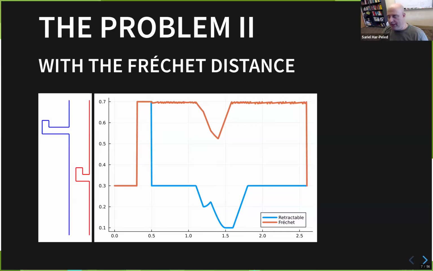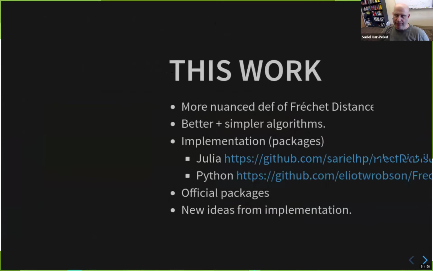And think about it as the x-axis being parameterized from 0 to 1, or the length of the two curves. And as you can see, you have a morphing here where the leash becomes large and then keeps being large, while the other one becomes much shorter. And under the Fréchet distance measure, those two things are equivalent, and somehow this doesn't quite feel right.